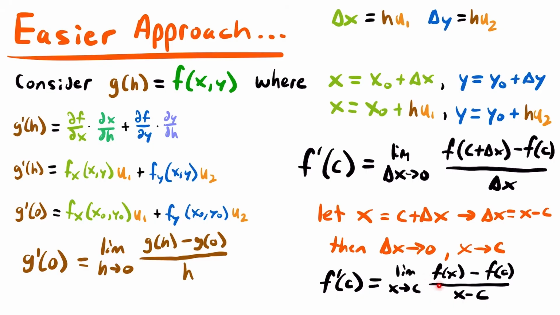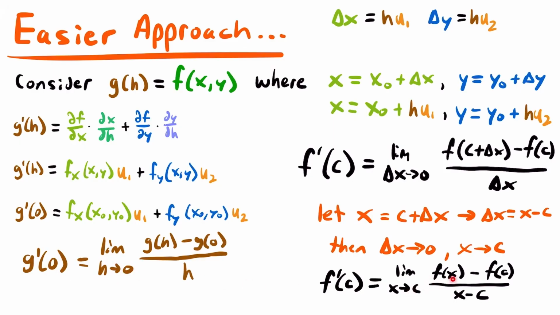And this is the formula that's being used right here. We have g prime of 0, so 0 would be c in this case. It's the constant or the value that we're evaluating this derivative at. And so we'll have the limit as h, the independent variable for the function, right? Before it was x for f, and x is approaching that value of c. So now we have h approaching that value of 0.